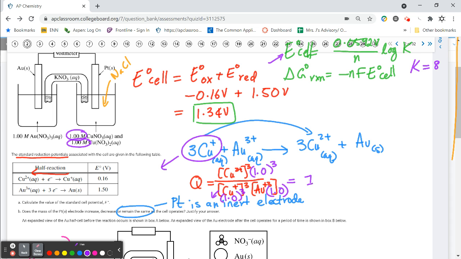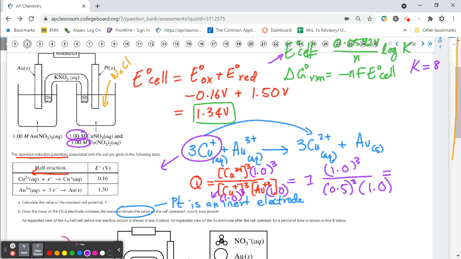Now, if I halve the amount of copper 1, copper 2 plus is not changing, but I make copper 1 plus half of what it was, because half of it has precipitated out with the chloride.